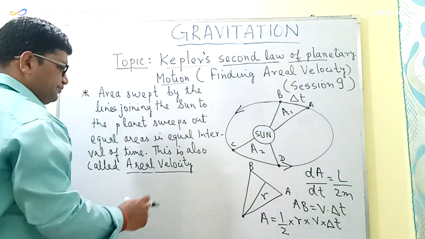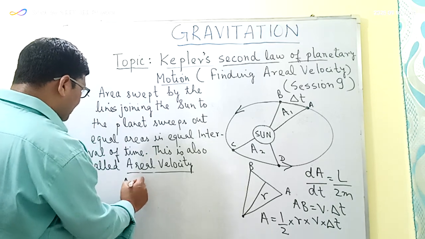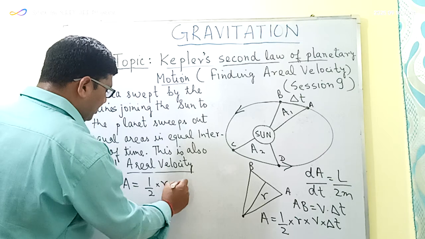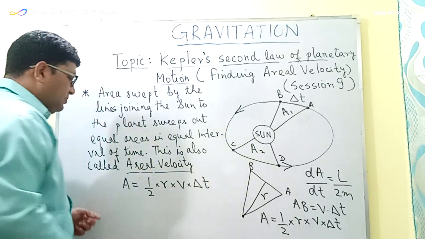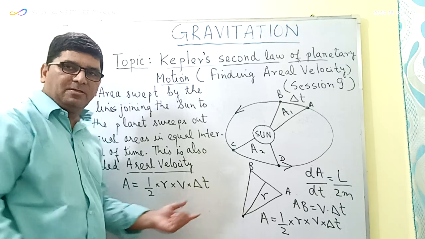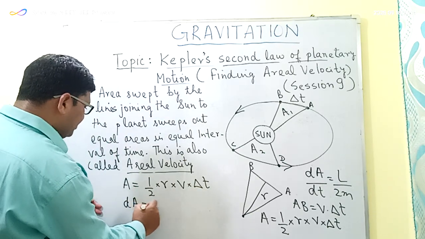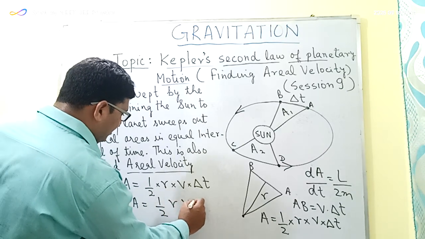So here I will write A = 1/2 × r × V × delta t. For a small time interval, we can write this as dA = 1/2 r V dt.